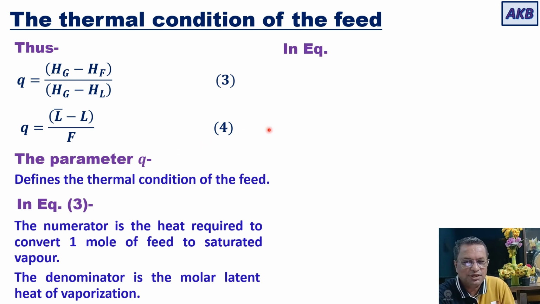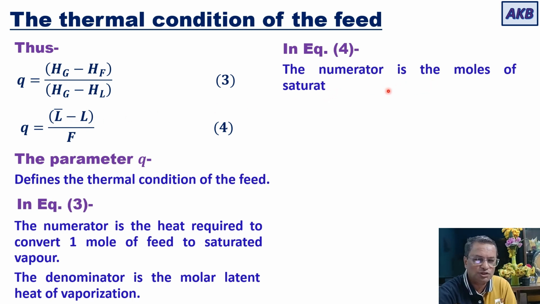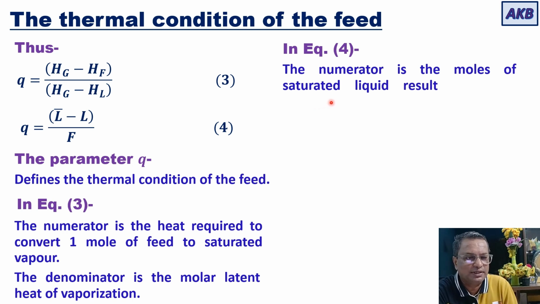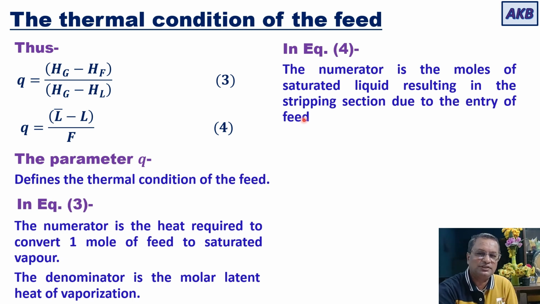And in equation number 4, the numerator, which is L bar minus L, is simply the moles of saturated liquid that will result in the stripping section once the feed enters into the column.